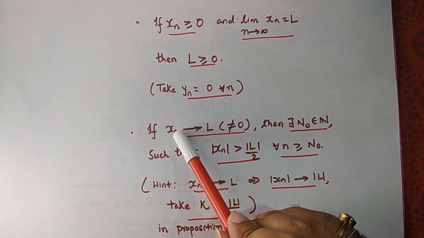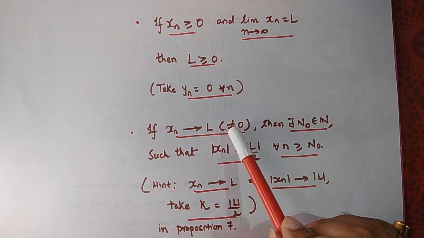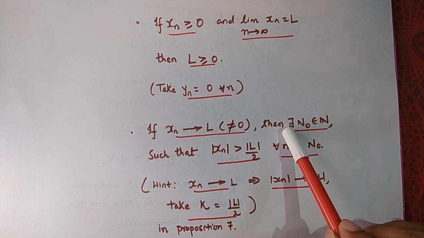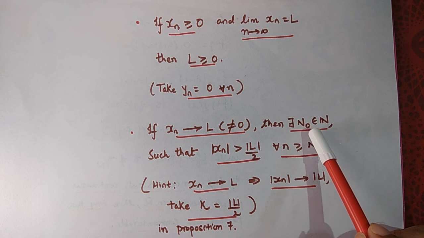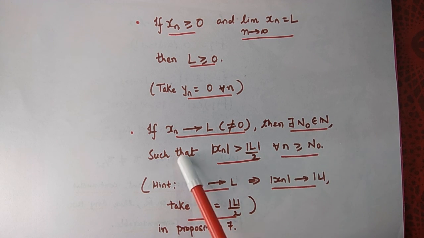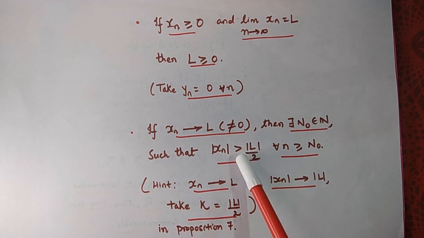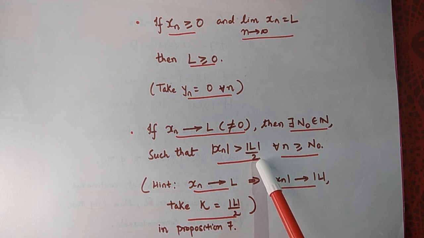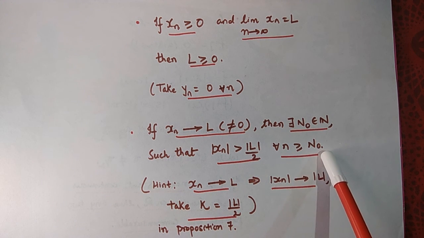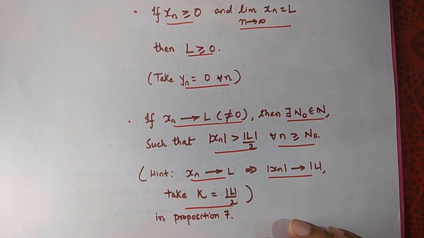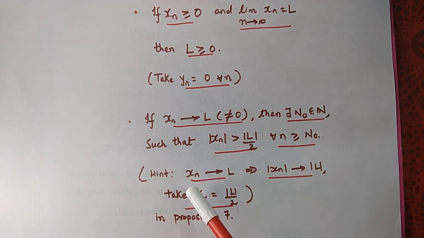Similarly, if xn converges to L, which is not equal to 0, then there exists a natural number n naught such that mod xn is strictly bigger than mod L by 2 for all n greater than equal to n naught. I shall give a hint to prove this result.